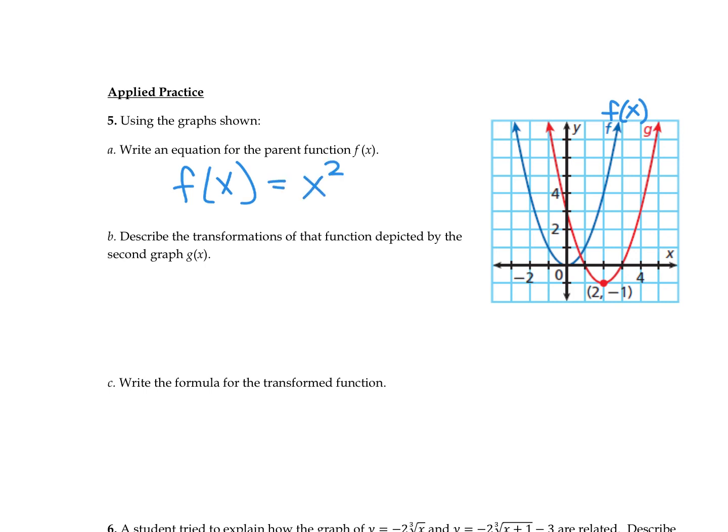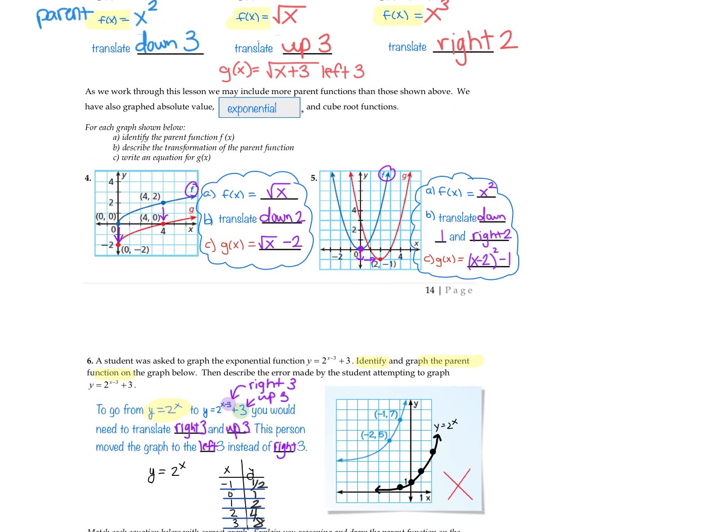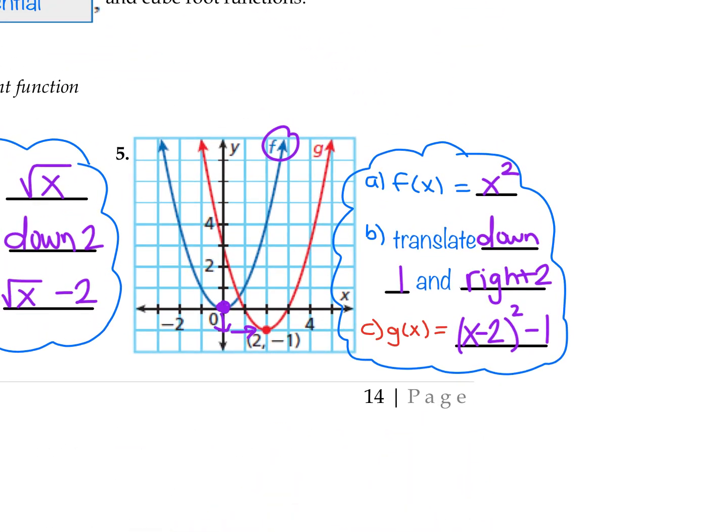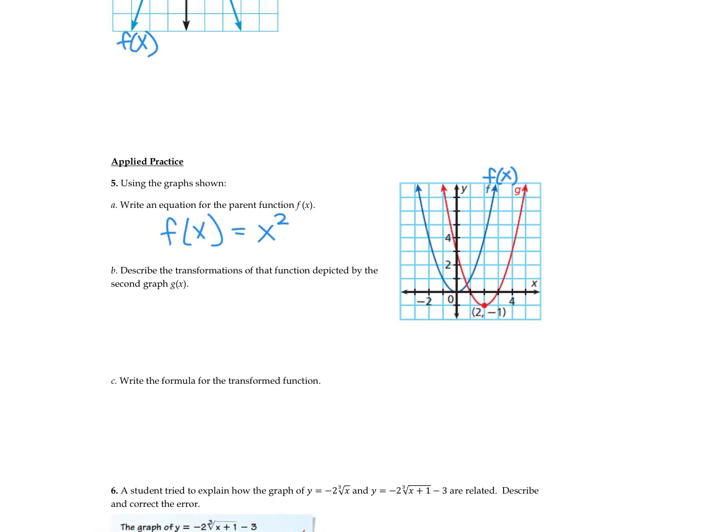And then describe the transformation. Did we do this one already? Hold on. We did this exact graph right here, so you can actually skip this one because it's in your notes. But it's not quick to fill out if you do want to fill it out.